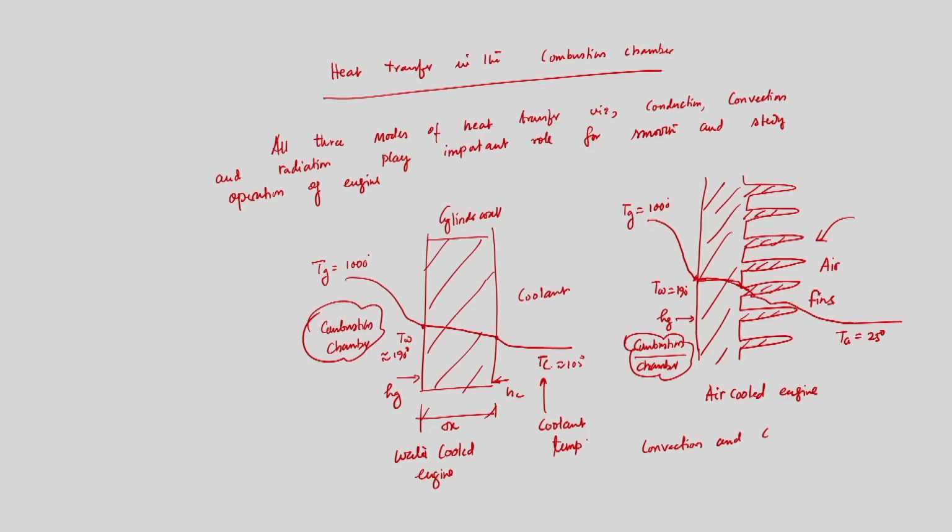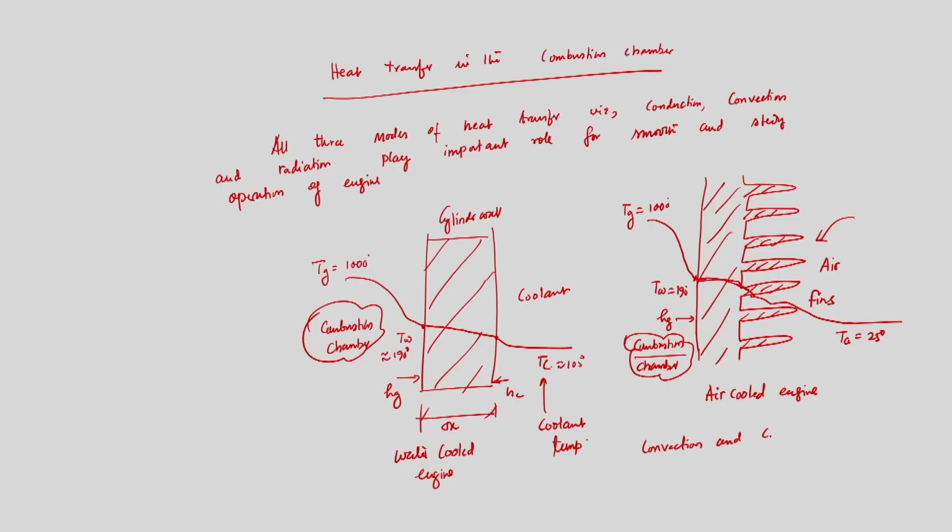From within the combustion chamber, there is a convective heat transfer from the gas to the cylinder walls, and then within the wall we are having conduction. Again from conduction, or extended surface, we are having continuous supply of air, that is the air cooled engine. So, from there again we will have a convection and heat will be dissipated.